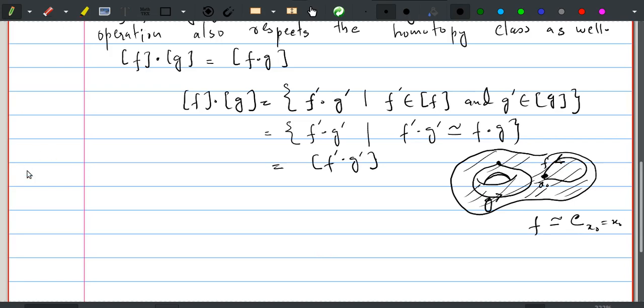So let us make another remark here. Let us consider a loop with base point x naught.